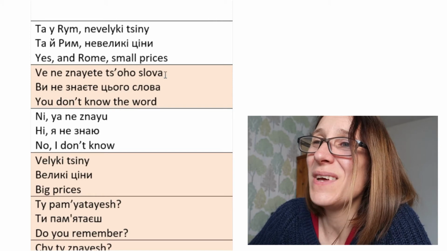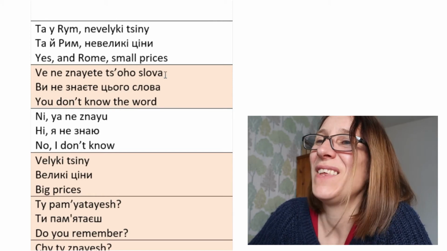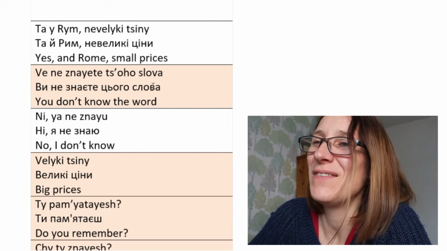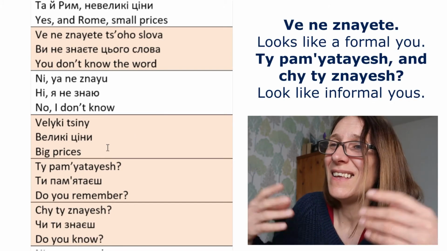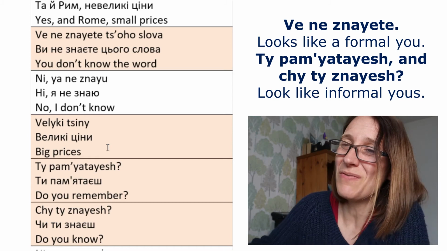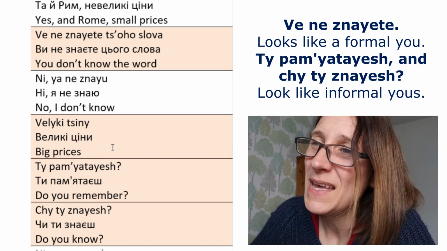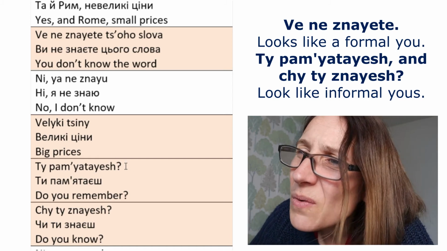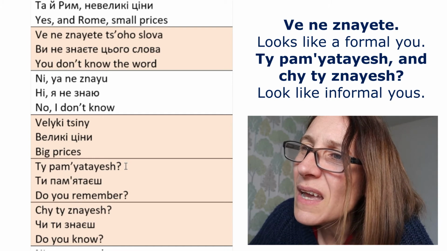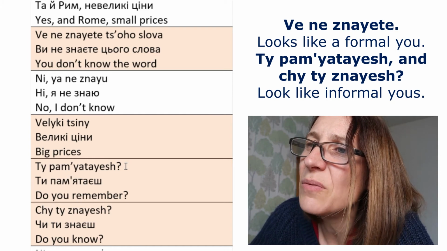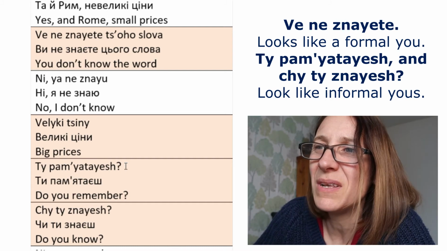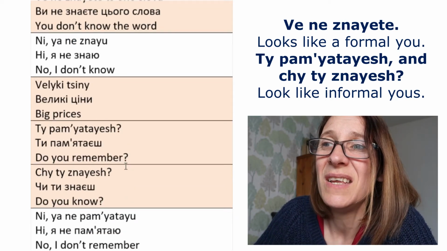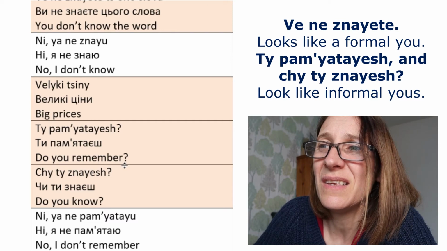You don't know the word. Nie. Ja nie znaju. No, I don't know. Veliki ceny? Okay. That's my imaginary friend now trying to elicit from me. Ty pamiętajesz. Do you remember? Czy ty znajesz?